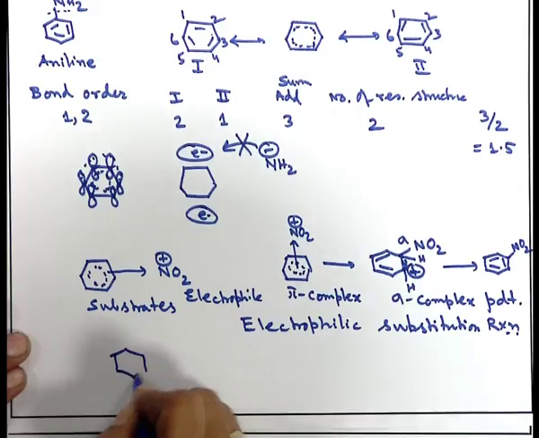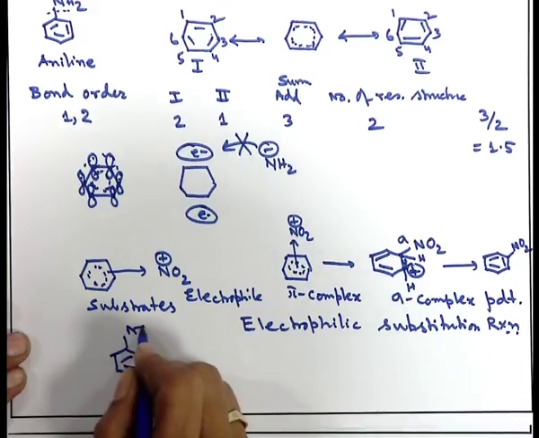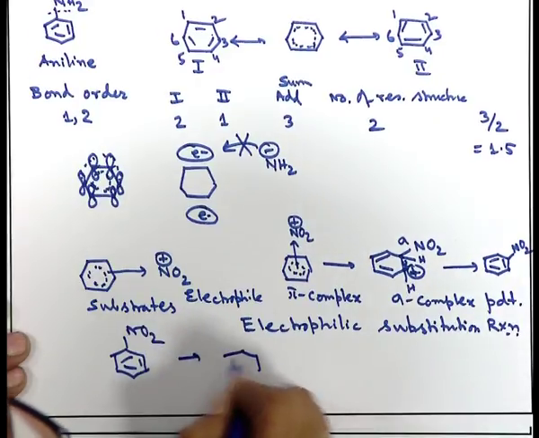Why? Because introducing an amine as such is very difficult. So, what we are doing? We are putting in a nitro group, and after the nitro group is introduced, we can see that the substitution reaction has taken place. And if I ask you, how can you convert this nitrobenzene to aniline?